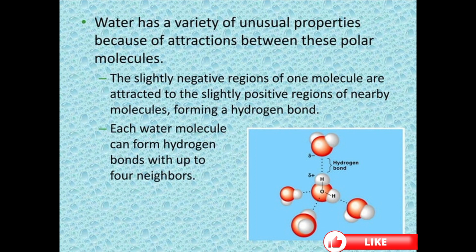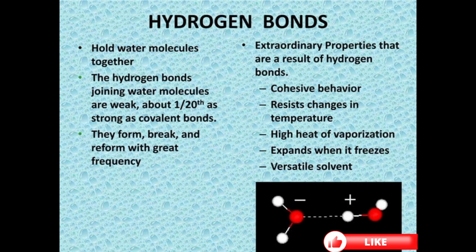The slightly negative region of one molecule is attracted to the slightly positive region of a nearby molecule, forming a hydrogen bond. You can see in the diagram that this is a water molecule, and the positive and negative charges attract other molecules and a hydrogen bond is produced. Each water molecule can form hydrogen bonds with up to 4 neighbors.